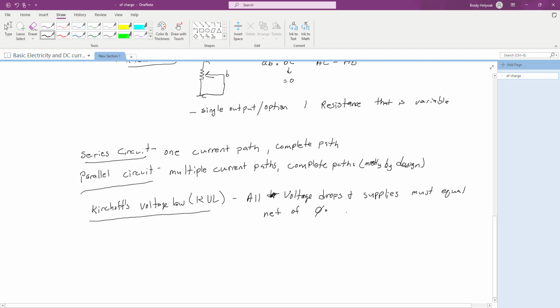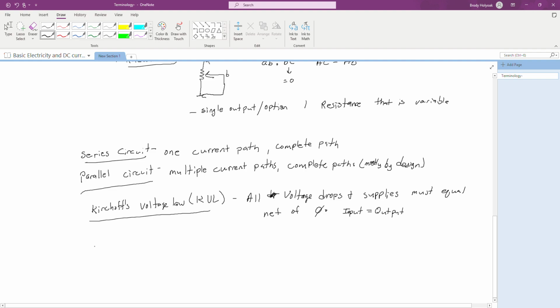Meaning my input must equal my output. Okay, I have to account for everything. This starts getting into the laws of conservation of energy, meaning energy is not created nor destroyed, matter is not created nor destroyed. It has to be accounted somewhere. We can use it, we can input it, but it all has to balance out to equal 0 in the end.